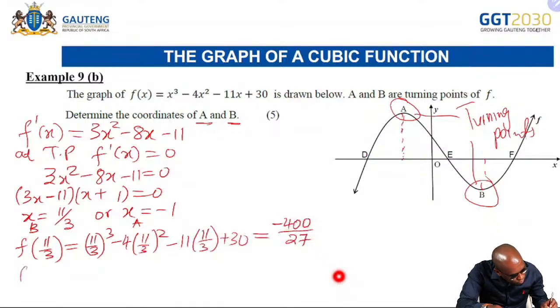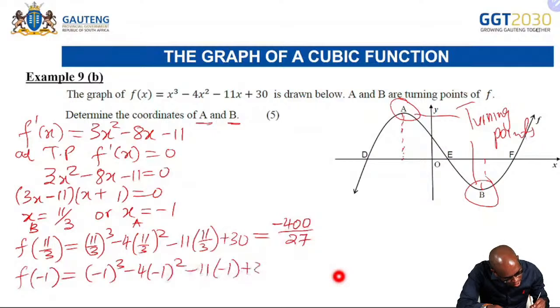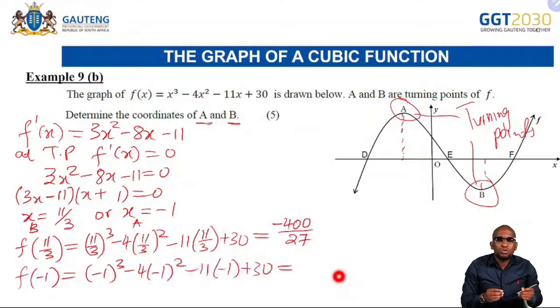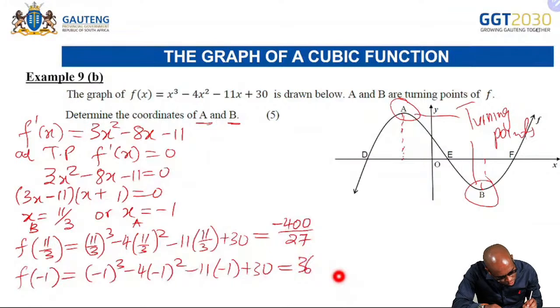Also, when you use minus 1, this would be minus 1 cubed minus 4 into minus 1 squared minus 11 into minus 1 plus 30. You punch that into your scientific calculator, and this would give you 36, which means that the coordinates of B, since 11 over 3 is associated with B, are 11 over 3 and minus 400 over 27.